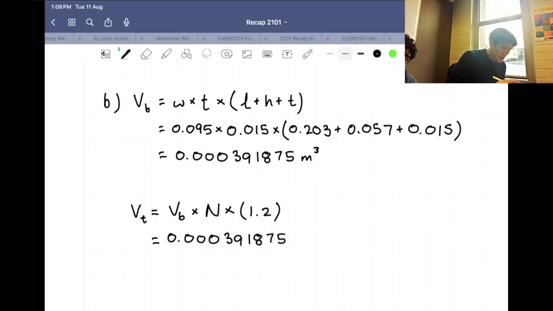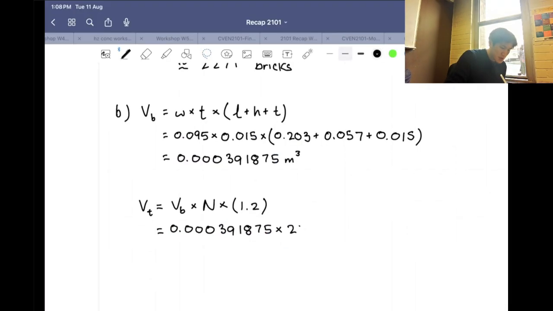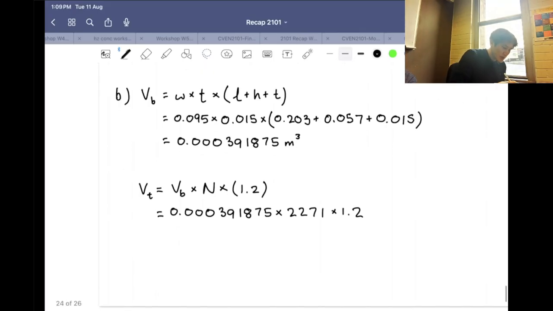So volume for each brick times the number of bricks, which is 2,271, times the wastage factor, which is 20%. And that should give you 1.0679 meters cubed. So that's the total volume of mortar you'd need for this wall.